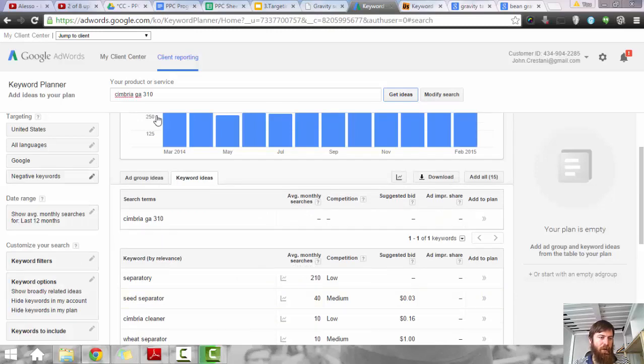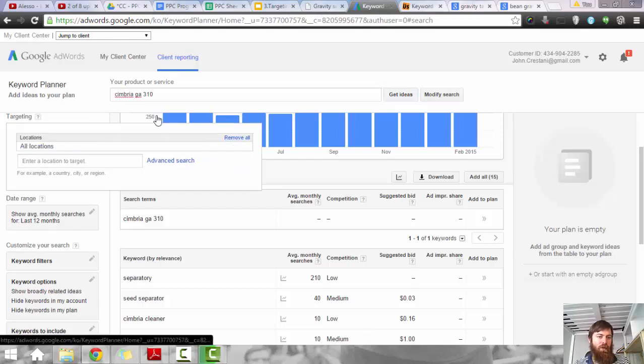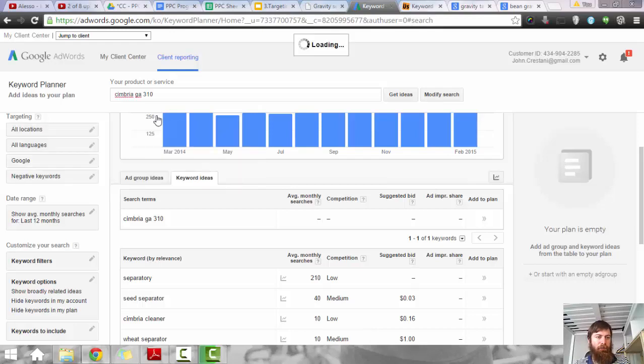Another thing that I'm going to modify right now is I'm actually going to target the entire world because these gravity separators are sold all over the world to a worldwide clientele.